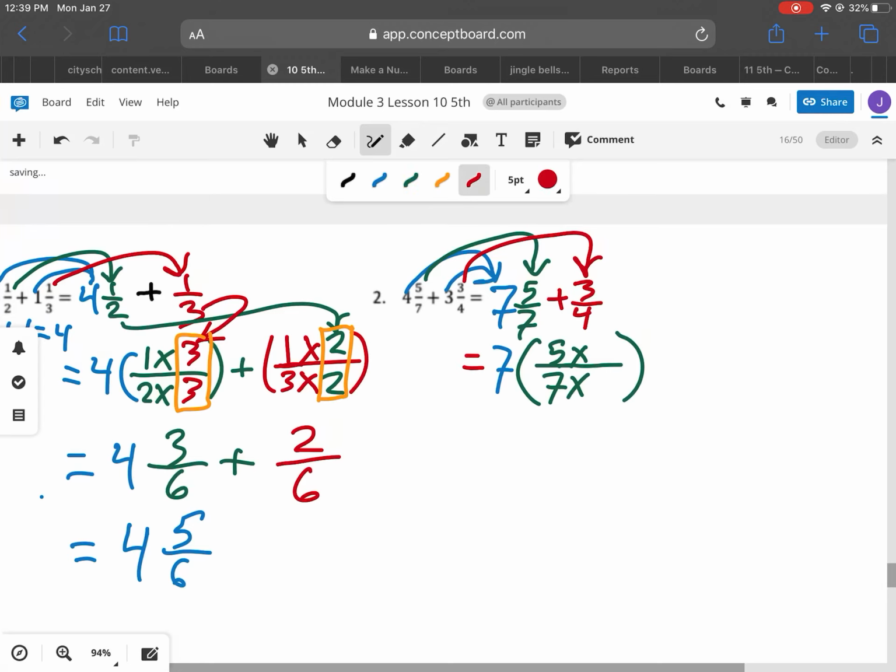I already know what I'm multiplying by. It's 4. Now, on the other side, we have our 3/4, and we're going to multiply both the top and the bottom by 7.